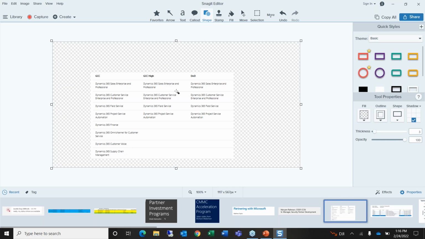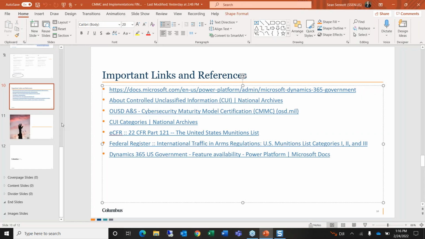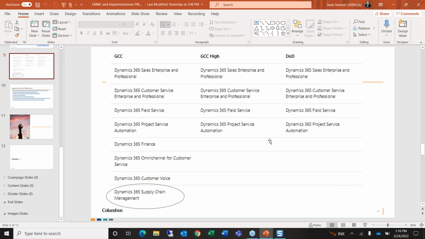So D365 is not compliant with this cloud, right? And when you get to the Department of Defense, it is also not compliant. So we have been working with Microsoft very closely, trying to get their roadmap as to when they are going to have Dynamics compliant on these clouds, right?